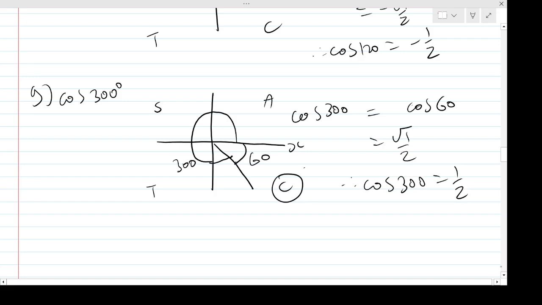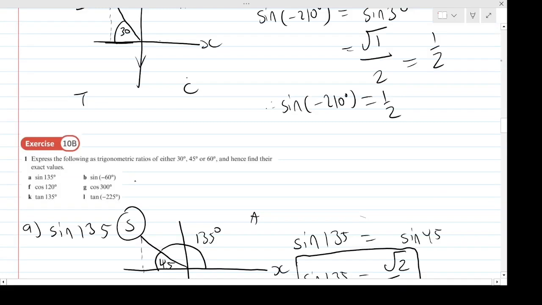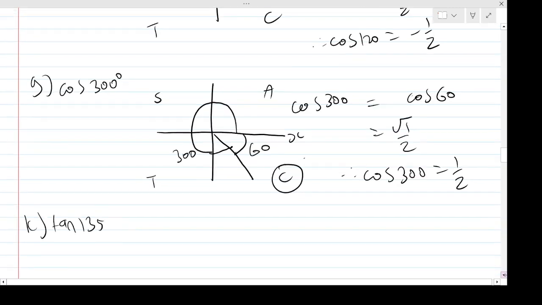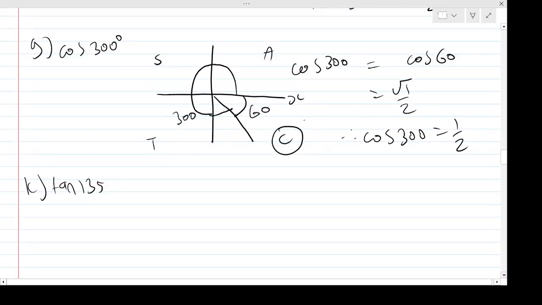Great, and then the next set of questions, part K, we need tan of 135. Hopefully the method of the CAST to get the angle is fine. Hopefully that's sort of sinking in. So tan of 135, we mark that.